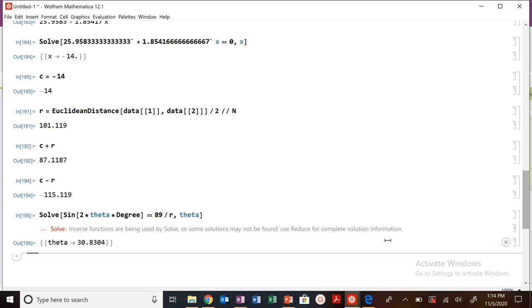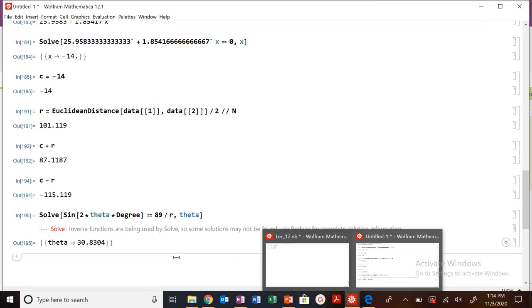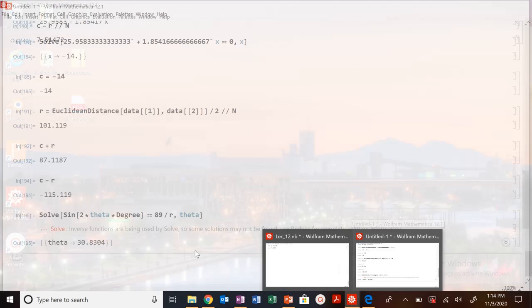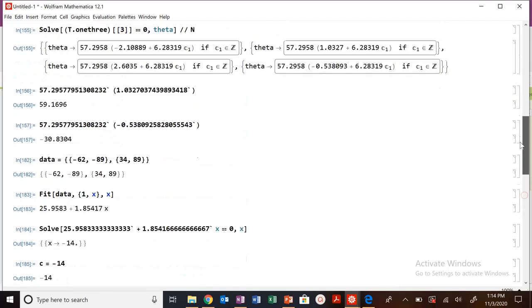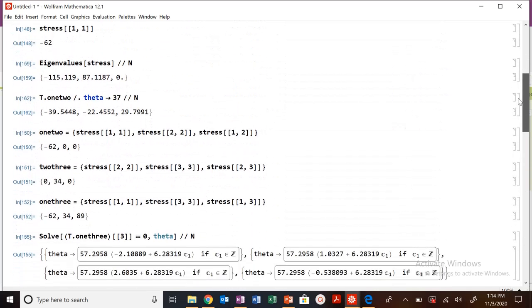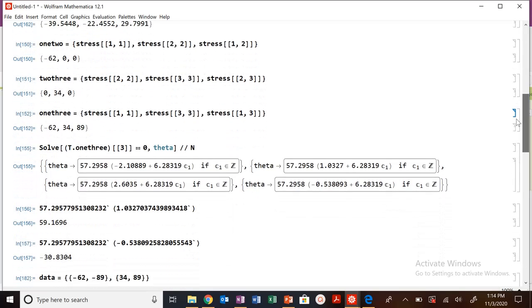So now we can figure out what is our principal stress state. Now I could go ahead and plug in this value of minus 30, and double check and make sure this is our principal stress state.